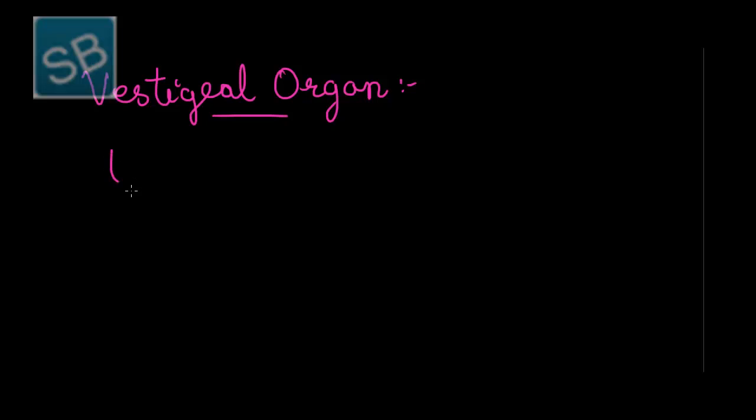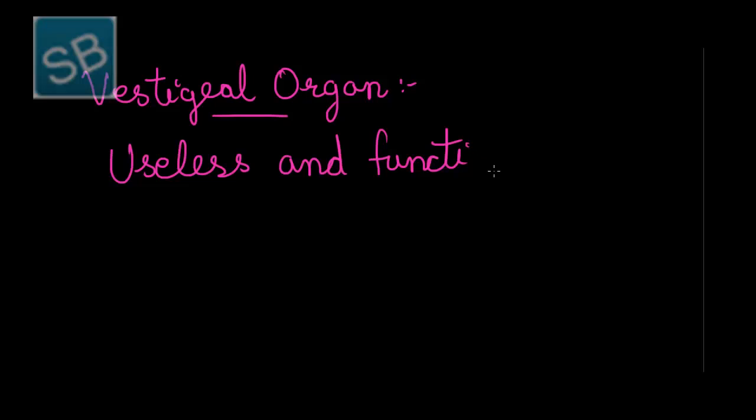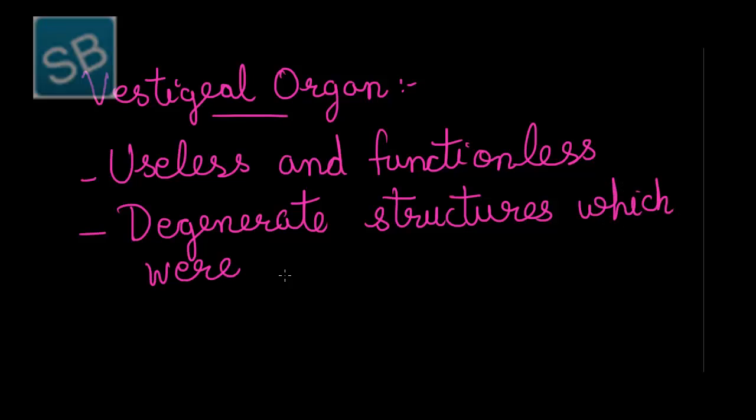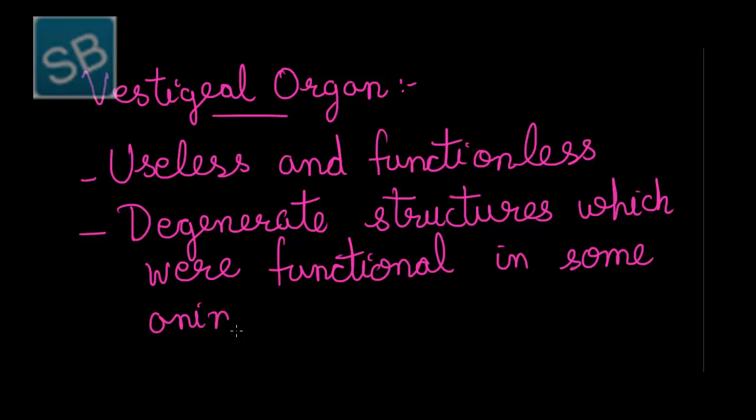The third type of morphological evidence is vestigial organs. Vestigial organs are considered useless and functionless because they are degenerate structures which were functional in some animals and not in others.